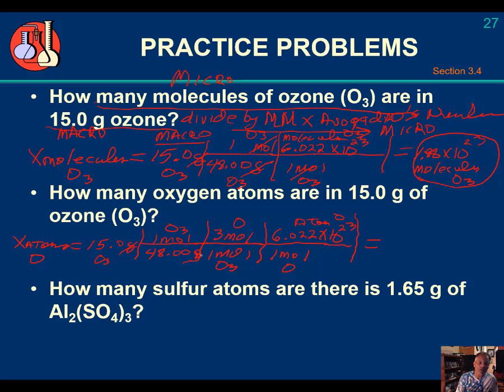Grams of ozone cancel. Moles of ozone cancel. Moles of oxygen cancel. And so I wind up with 5.65 times 10 to the 23rd atoms of oxygen.